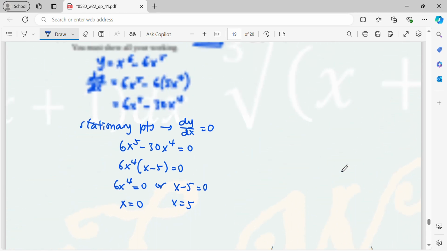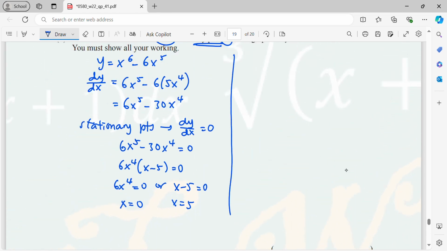So found two x values, therefore we need to find two y values. When x equals 0, just refer to the y expression, so your y is 0.